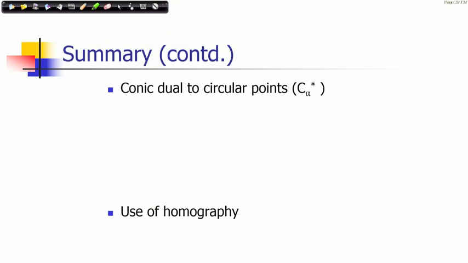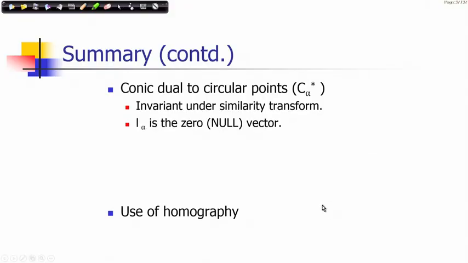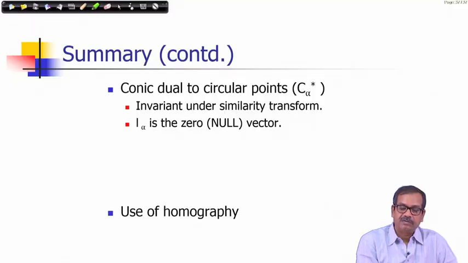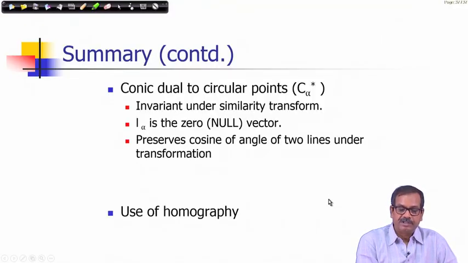Then we discussed the conic dual to the circular points, and we have seen its interesting properties. First, it is invariant under similarity transformation. Then, the line at infinity is the null vector of this particular dual conic. It preserves the cosine of the angle between two lines under transformation.